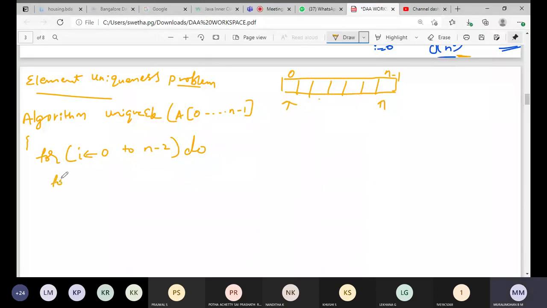Similarly, for j, always j starts at i plus 1, so that each element is compared with the next ones. So j goes from i plus 1 up to where? When i stops at n minus 2, j should be at n minus 1.